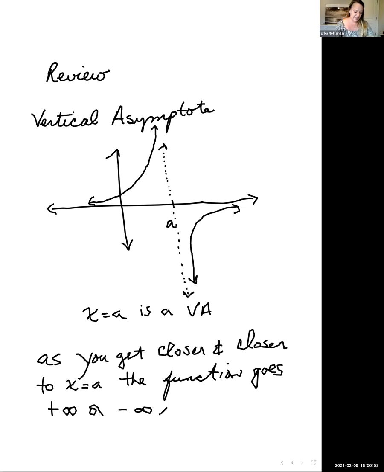So technically, looking at this picture, if I looked at the limit as x is approaching a on the left-hand side of our graph, maybe call this f of x.